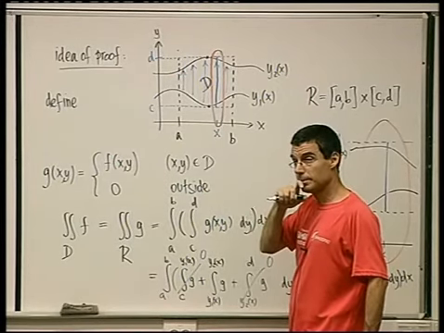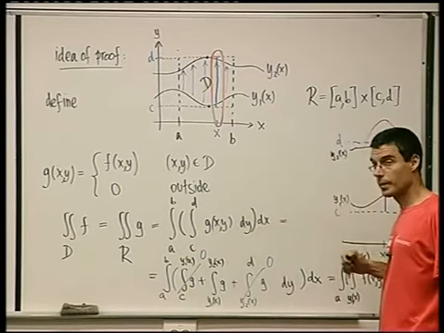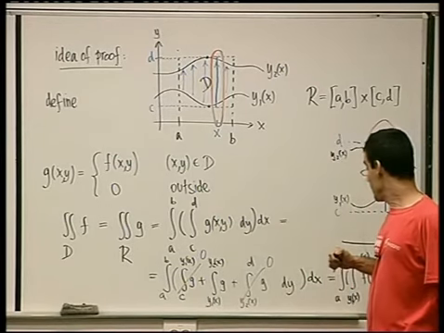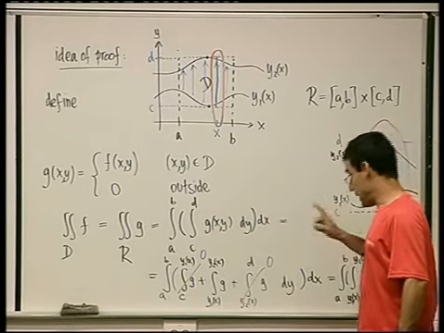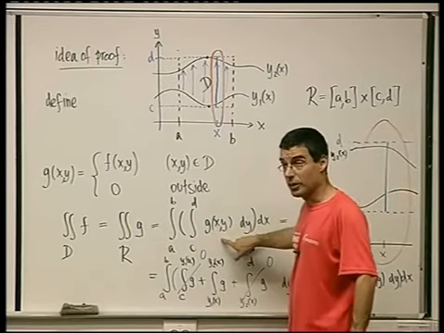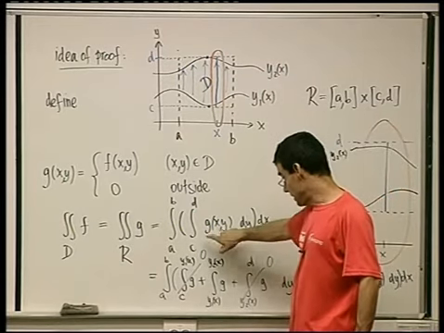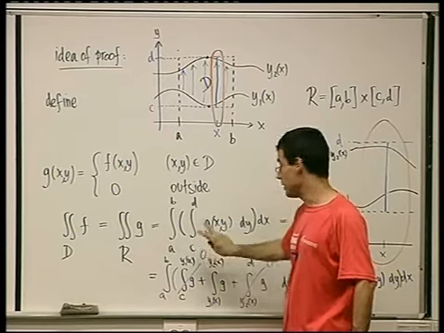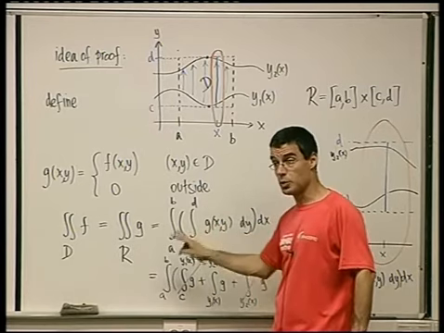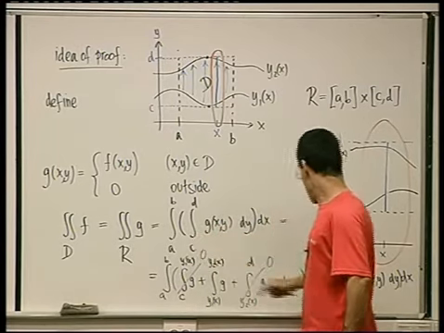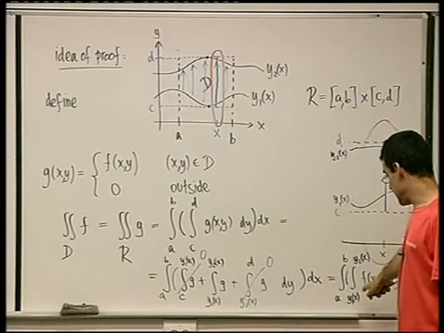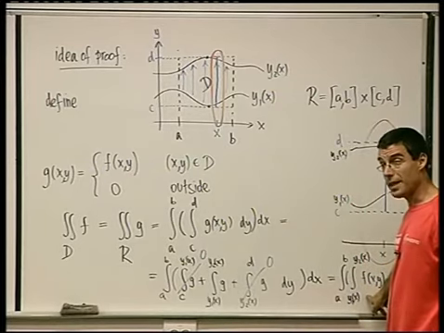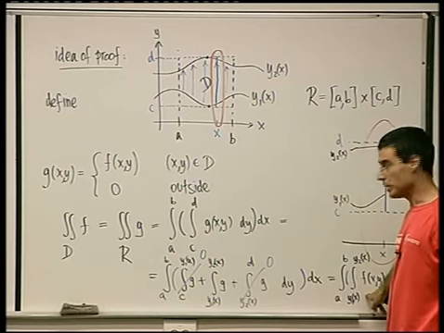Yes? For iterated integrals, does it matter which one you put on the outside and on the inside? If we're looking at a rectangle, it doesn't matter, right? In this situation, when we're looking at a rectangle, it doesn't matter which one is the outer one and which one is the inner one, okay? If we're looking at a situation like this, a simple domain, it does matter, okay?